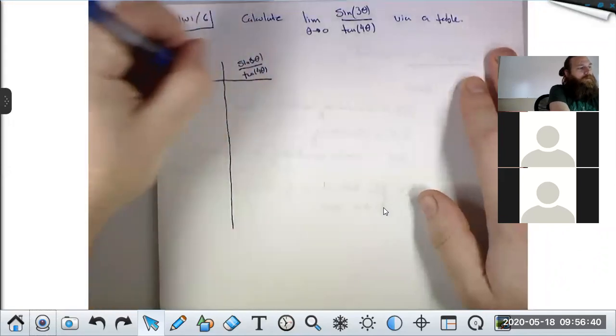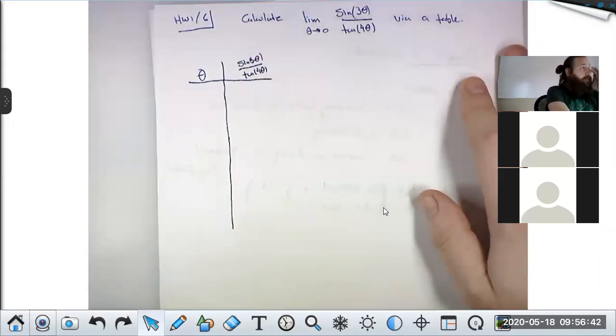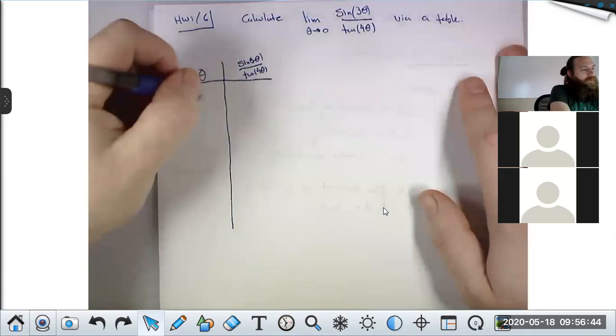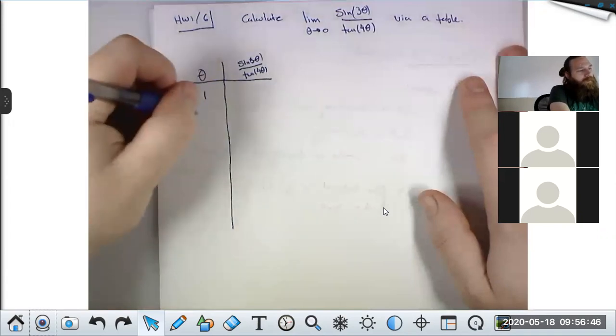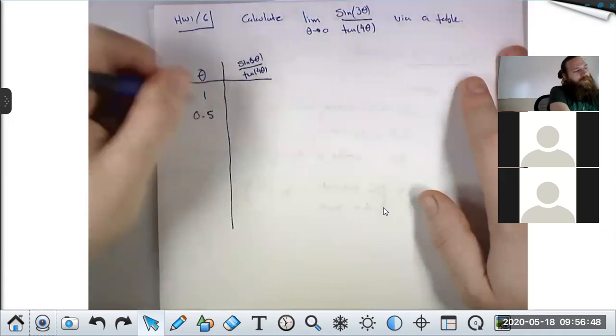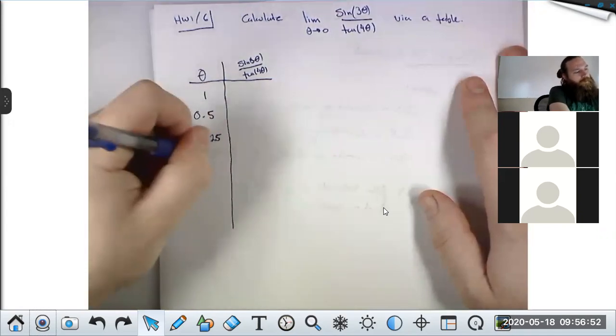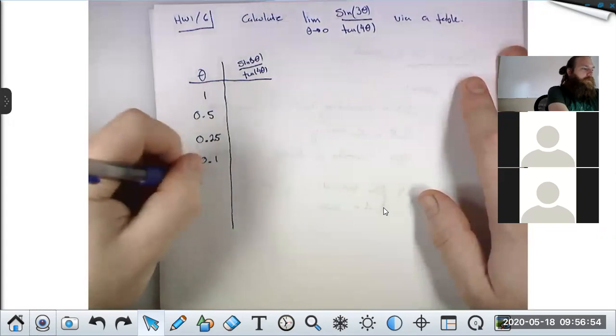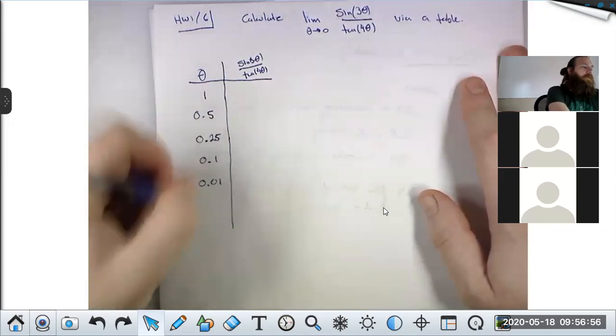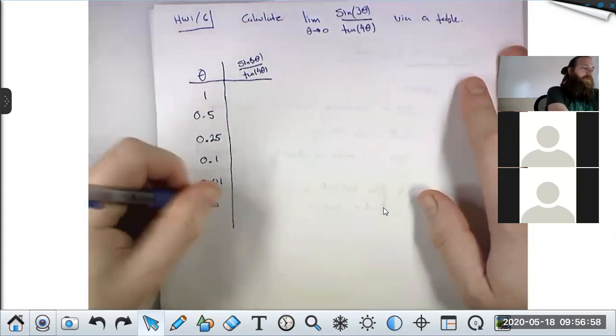I think last time I was using decimals. Now we'll do it like that again, sure. So we'll start with 1 and then 0.5, 0.25, and then maybe 0.1, and then maybe 0.01, and then maybe 0.001.